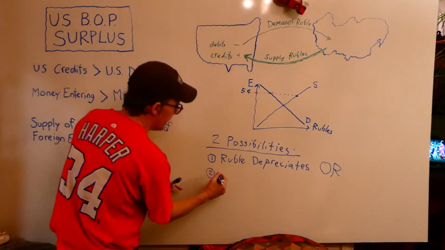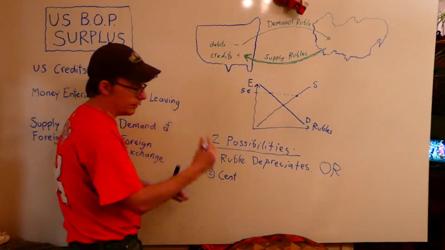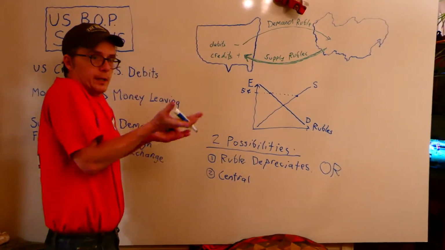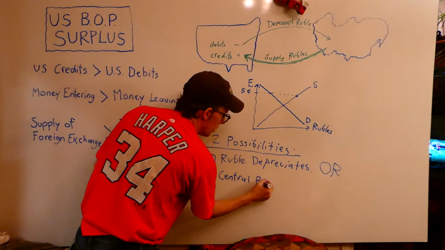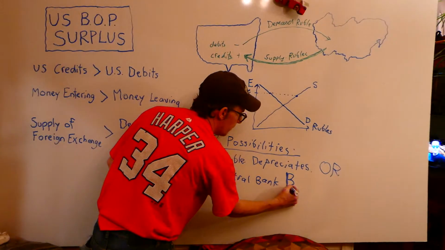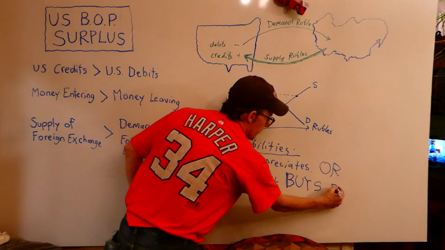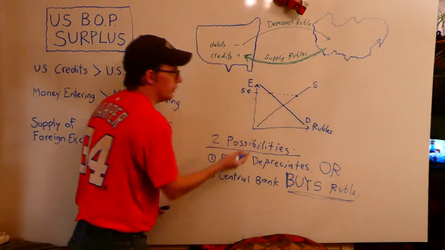The central bank, it could be of any country, but typically it would be Russia because they have the most interest. What do you have to do if you're a central bank and you want to keep the price high like that? The central bank has to buy lots of rubles, because buying rubles will keep the price artificially high like this.